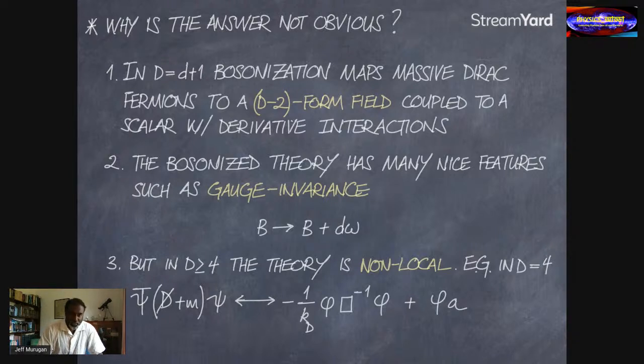Well, the first is in D+1 dimensions in general, for general D, bosonization maps a massive Dirac fermion to a D-2 form field. So a D-2 form is a p-form, if you want, where D-2 is the rank of the form.